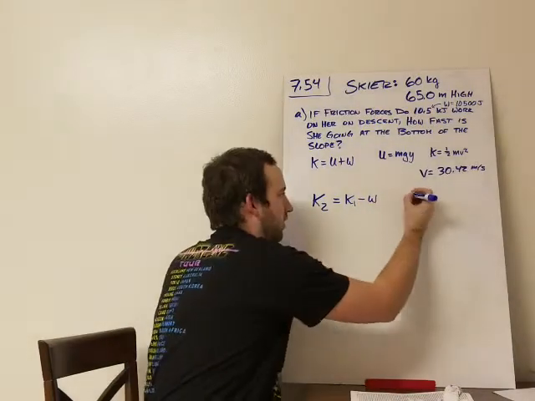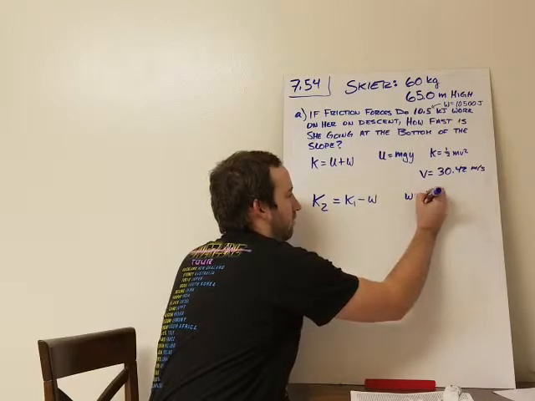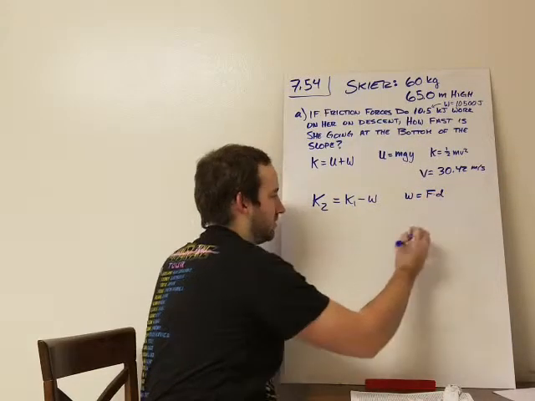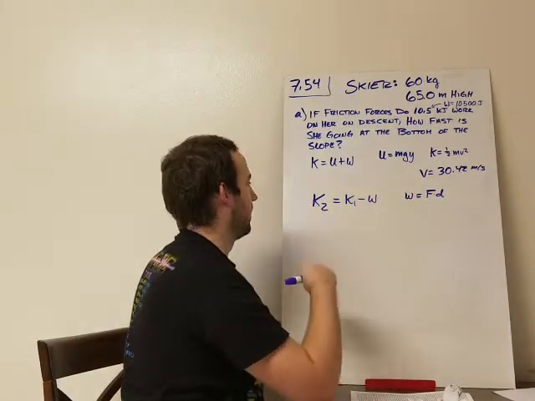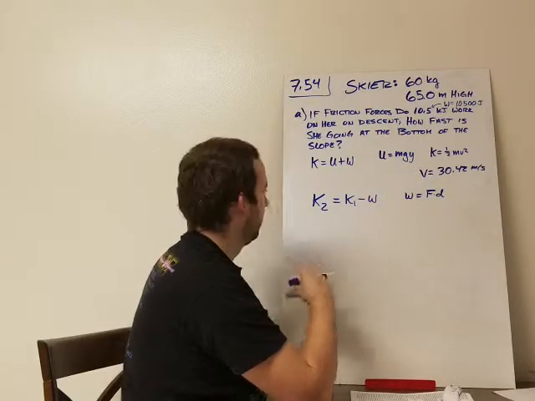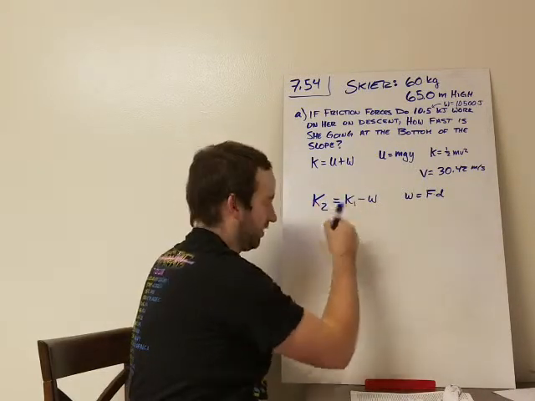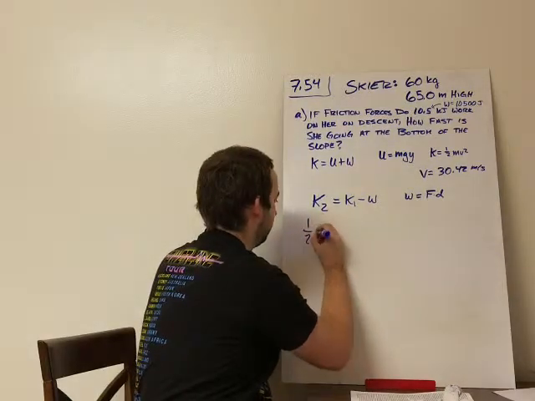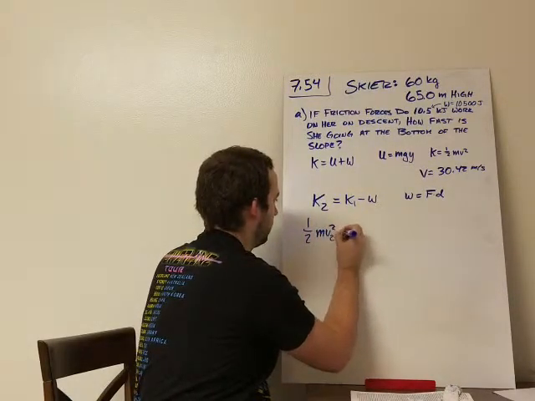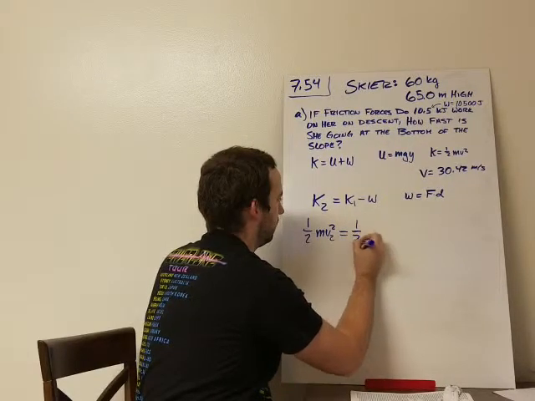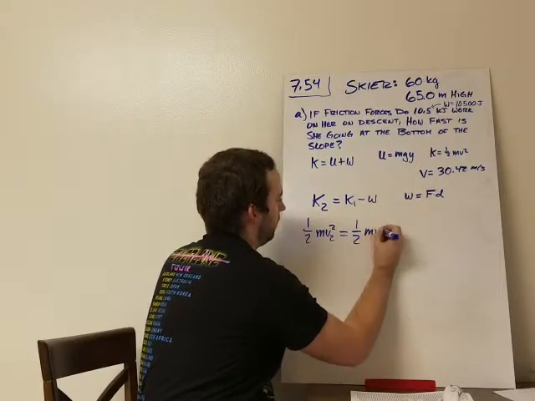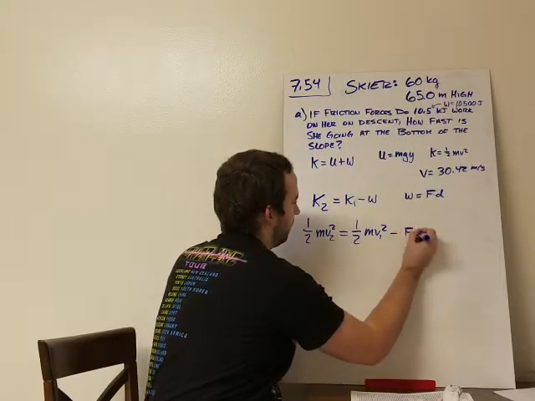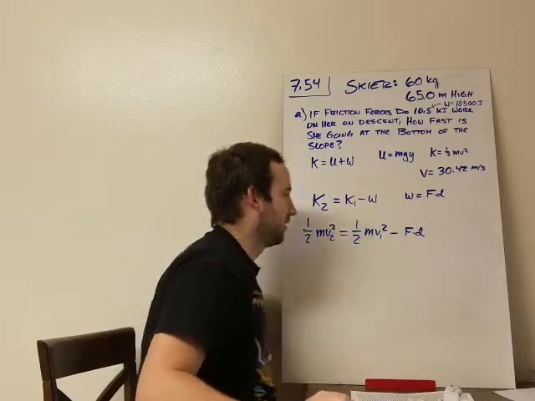We also know that work equals force times distance, and that kinetic energy equals 1/2 mv squared. So we know 1/2 mv2 squared equals 1/2 mv1 squared minus work.